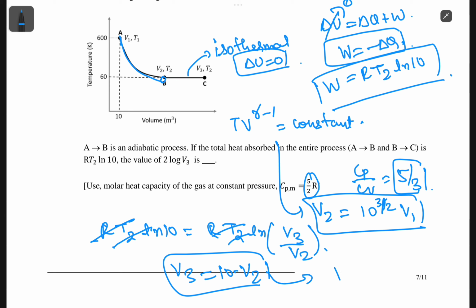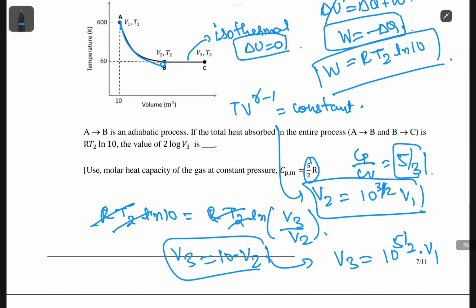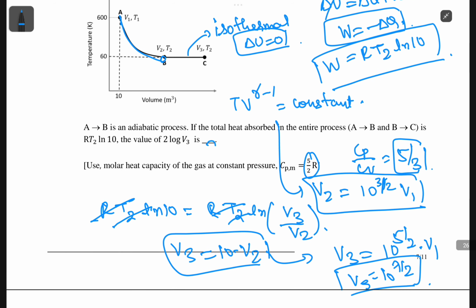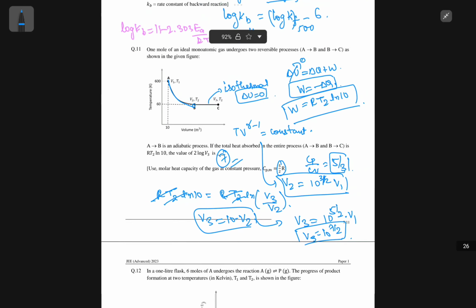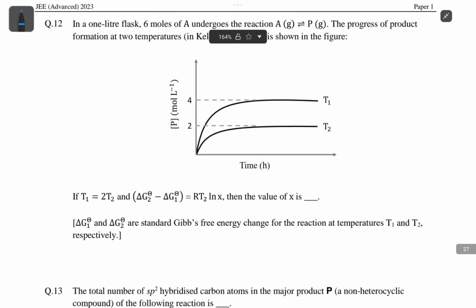And from there I can say that V3 is 10 power 5 by 2 times V1, and V1 is 10, so 10 power 7 by 2 is V3, and I want to find 2 log of V3, so this should be 7, right? Okay, let's move to the next question.